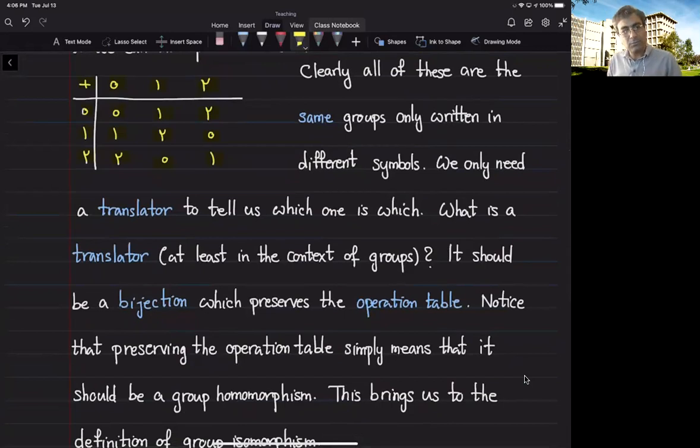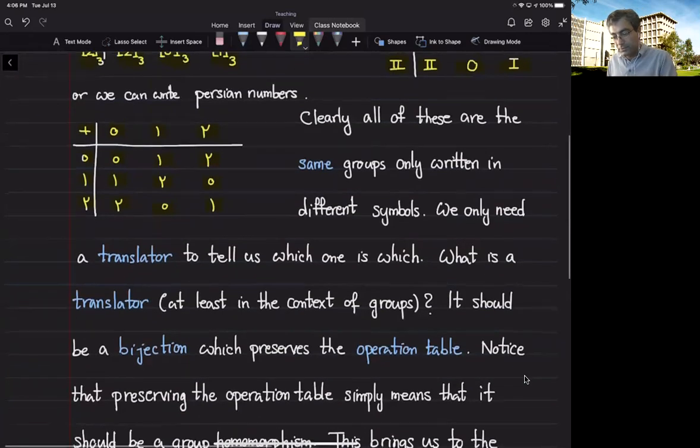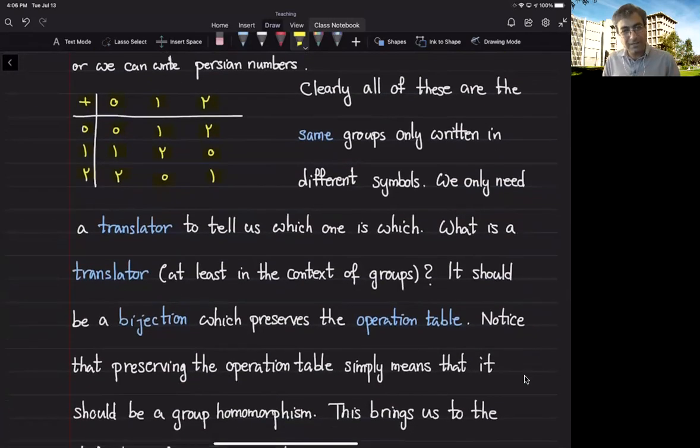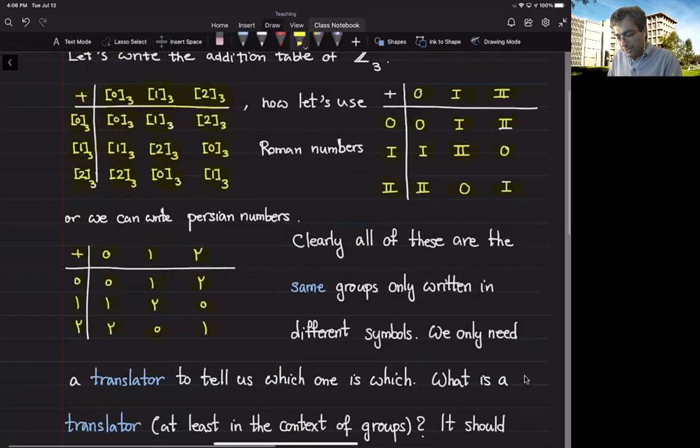But in general, the work of a translator is supposed to be something like this: a bijection between these two languages that preserves the property of the elements. Now, in the case of groups, property of elements means that this table of multiplication or addition should go to the other table of multiplication or addition. So we need to have a bijection between the languages.